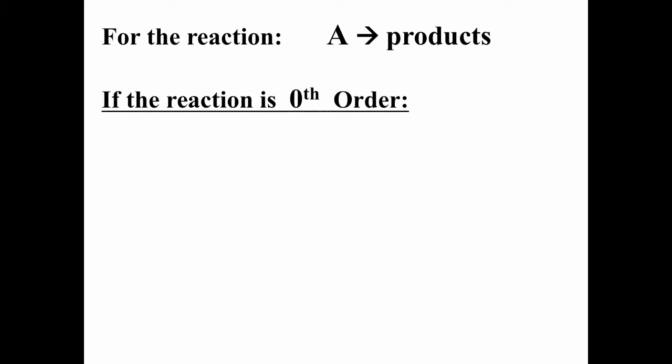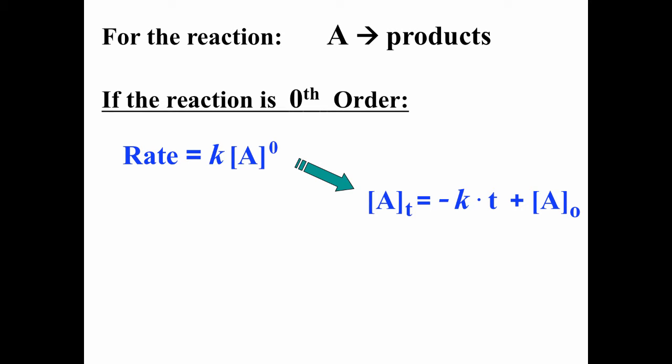Now, if it is a reaction that is zeroth order, then it can be shown that the rate equals k times A to the zeroth power can be rearranged into the concentration of A at some time t is equal to negative k, the rate constant, times the time that has elapsed, plus the initial concentration of A, which we call A sub 0 or A naught, where here the 0 stands for time equals 0.